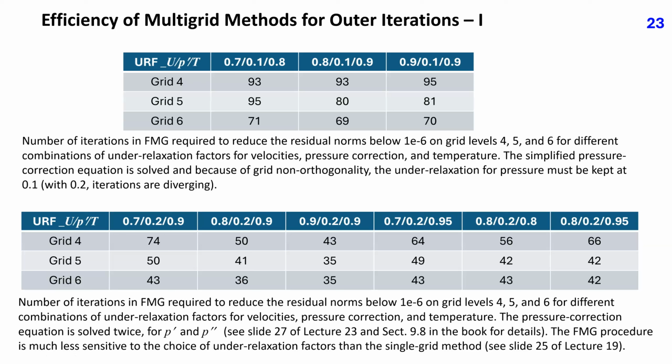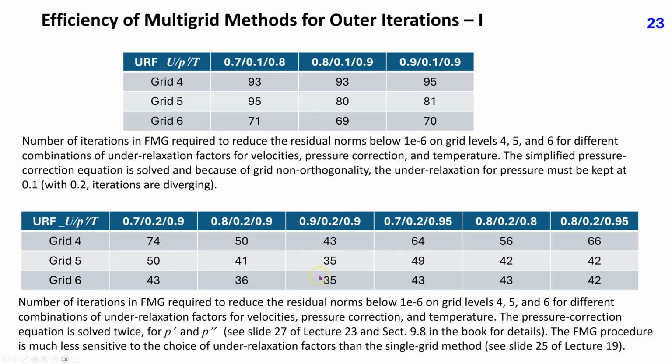See slide 27 of lecture 23 and section 9.8 in the book for details. The dependence on under-relaxation factors is somewhat larger than in the first table, but still much smaller than in the single grid method. Note that the solution of the second pressure correction equation significantly reduces the number of outer iterations, practically by a factor of 2.